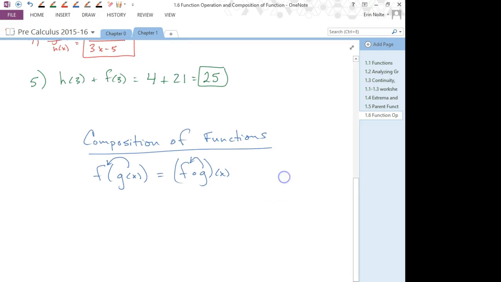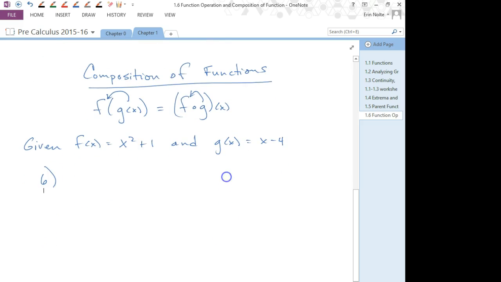Okay, so assuming we were given f of x as x squared plus 1 and g of x was x minus 4, what would f circle g of x be?